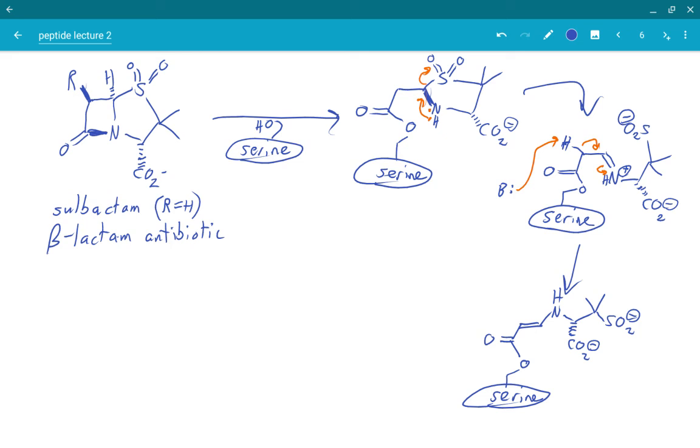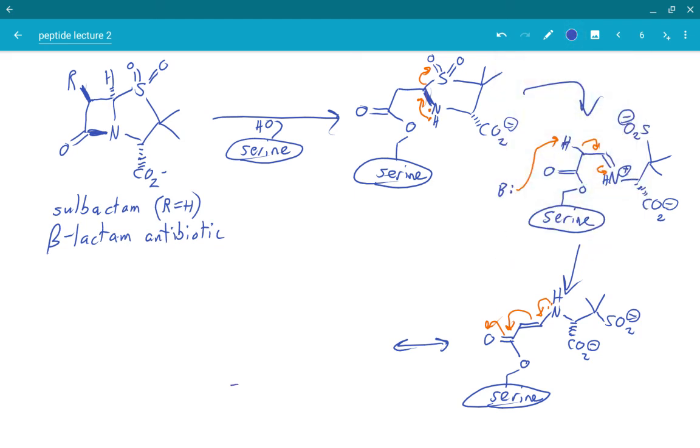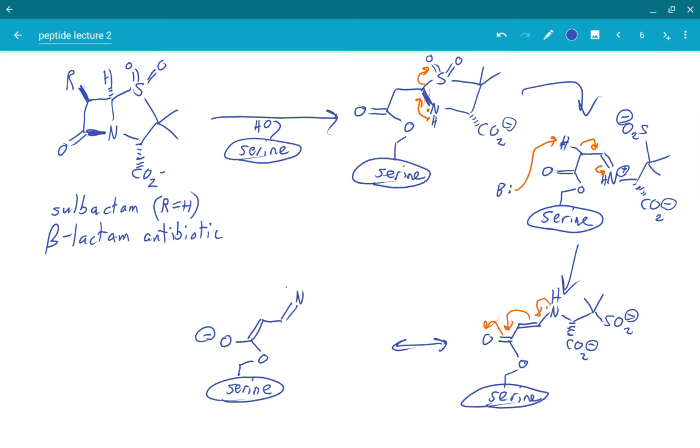And now what you can notice is I have very strong resonance between that nitrogen, which is a very good donor, and the carbonyl. So I can draw this highly resonance stabilized form, which looks like this.